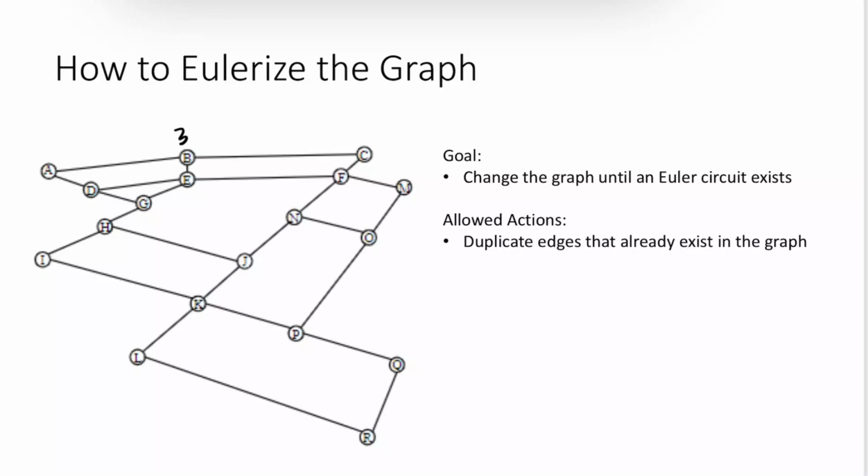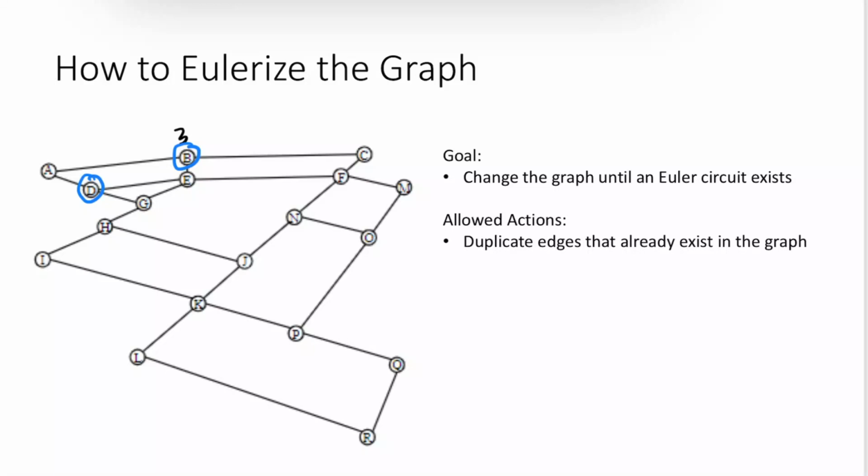The process is you go through and figure out what all of your problem vertices are. We know that B is a problem because it has an odd degree. C is fine because it has degree 2. Vertex D is a problem because it has an odd degree of 3. E has 4, so that's fine.